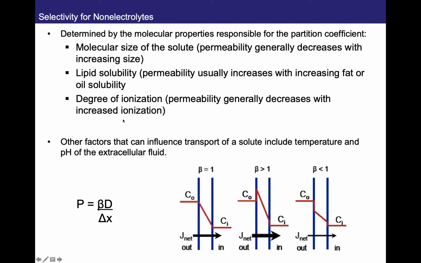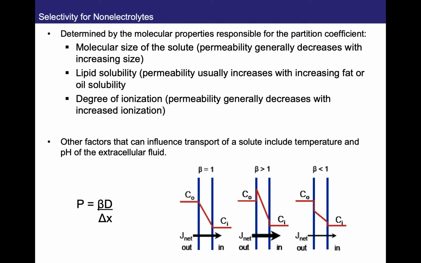All right, so this one's a little bit more difficult. I want you to think back to Fick's law of diffusion. And this is a little bit confusing because they use J instead of F. Remember, I was using net flux, and I was using the F net. In your book, I believe they use J net. Just know that's the same thing.